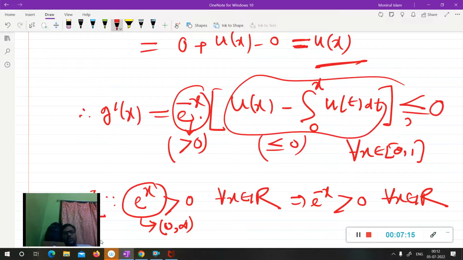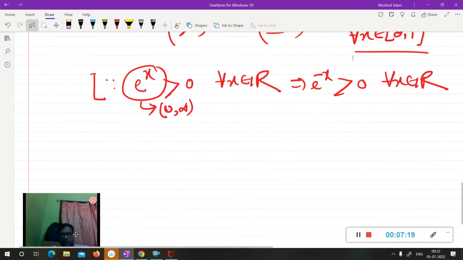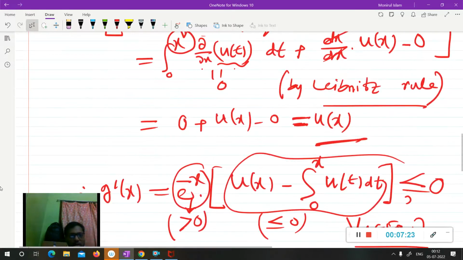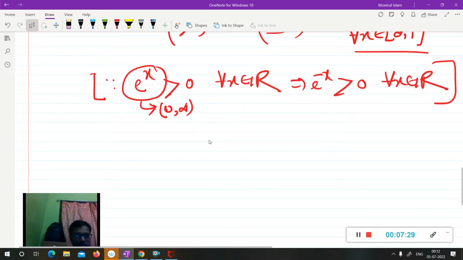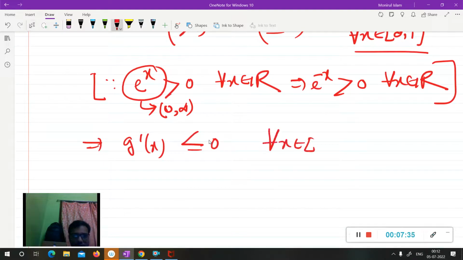So g dash x will be less than or equal to 0 for x belongs to closed [0,1]. So I am writing that: from here you get g dash x less than or equal to 0 for x belongs to closed [0,1]. Hope it is clear.